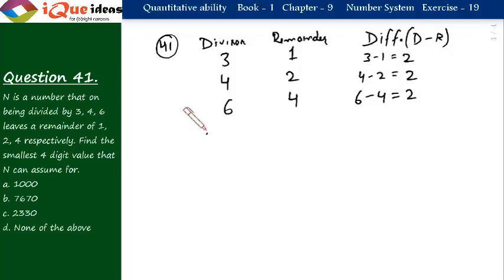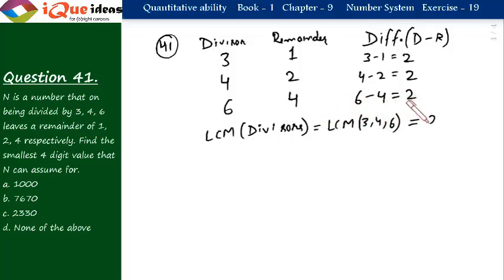So let's find the LCM of divisors, which is the LCM of 3, 4 and 6. You can calculate it, the LCM of 3, 4, 6 will be 12. Alright, so LCM is 12.